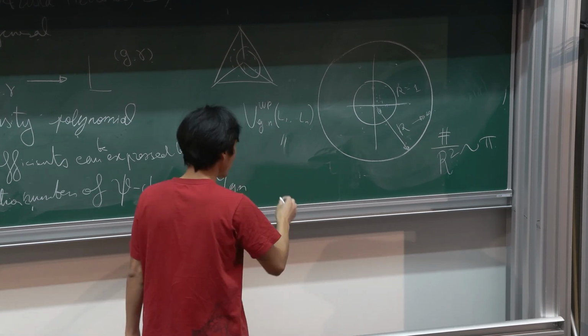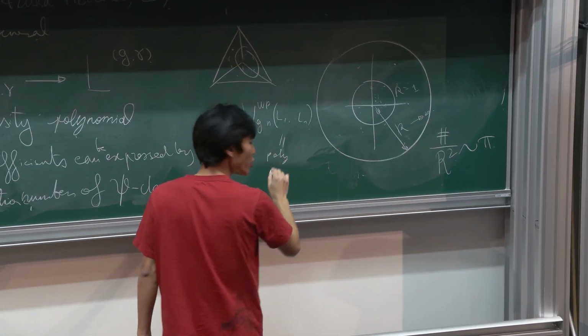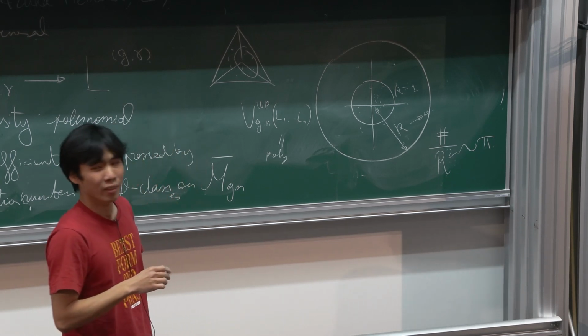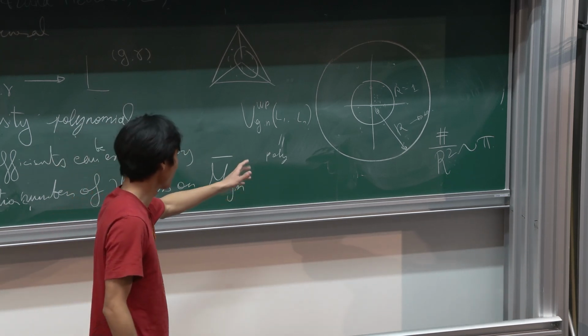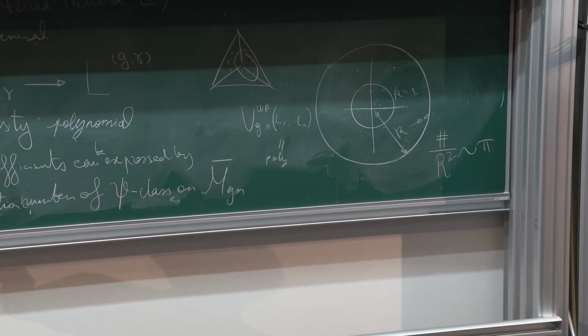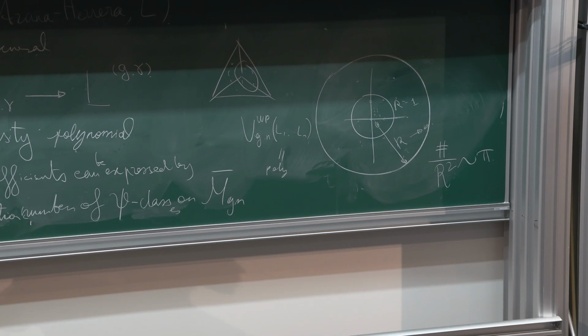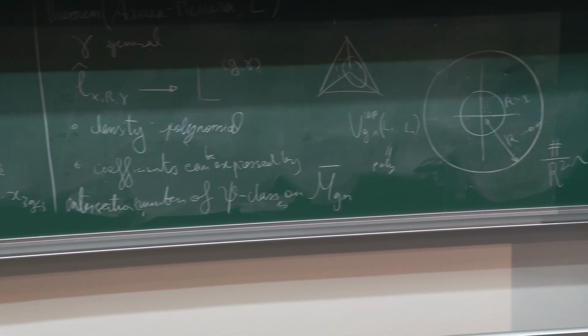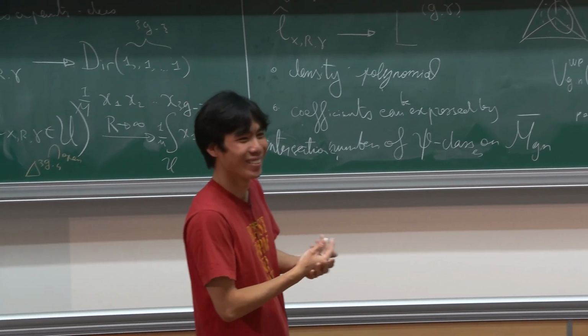It's a polynomial, and the coefficients of the polynomial are given by the intersection numbers. And that's one way to explain why those intersection numbers appear. But I'm not really satisfied.